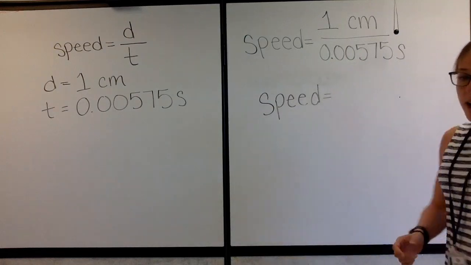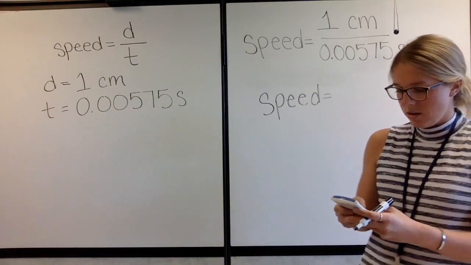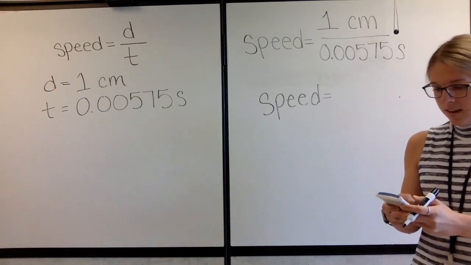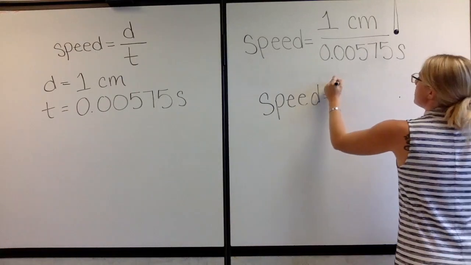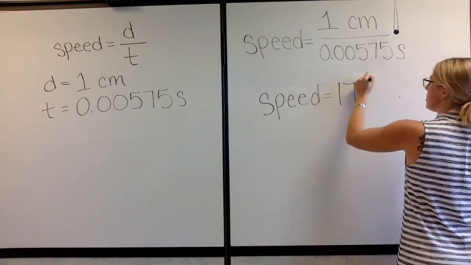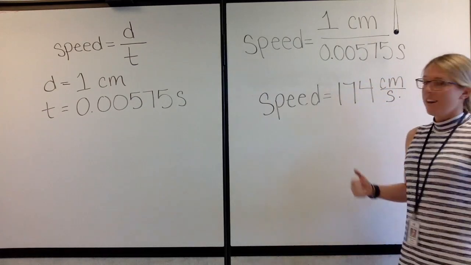And when I do the math in my calculator, 1 divided by 0.00575, I'm left with a number that is 174 centimeters per second. Not too bad.